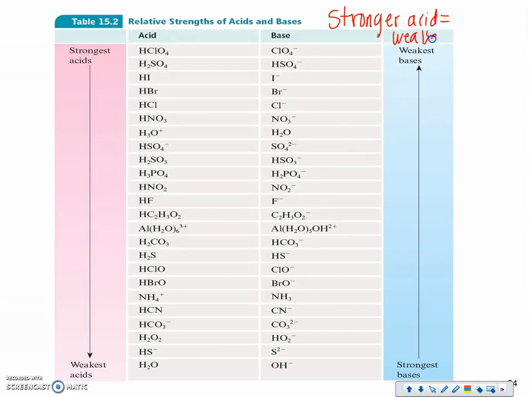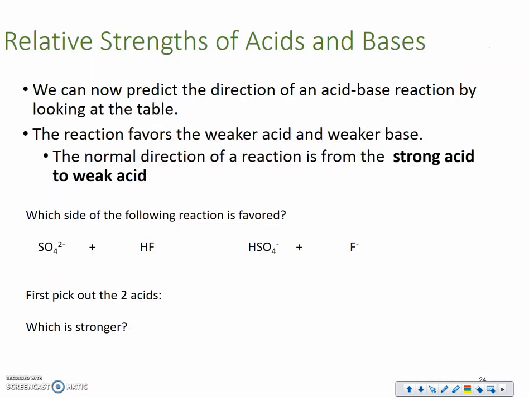And vice versa. The stronger the base is, the weaker its conjugate acid is. So they have this indirect relationship. Now, you don't have to remember this chart, you'll be given it, but you have to be able to use it to compare acids or bases in terms of strength.